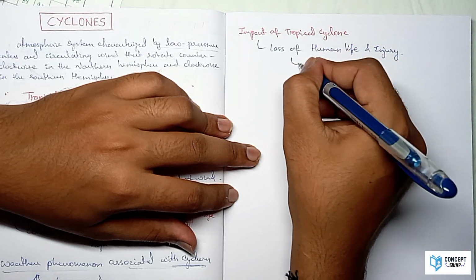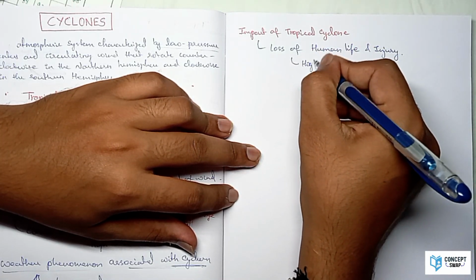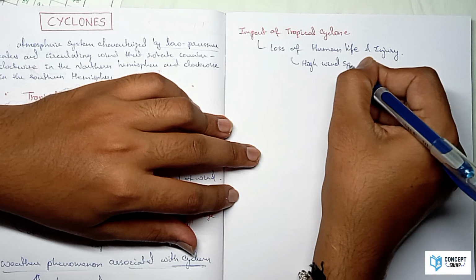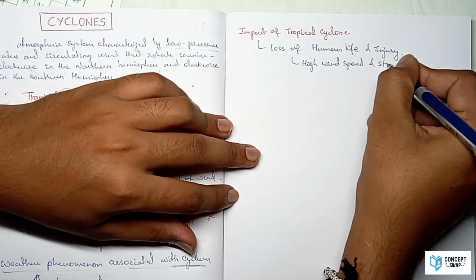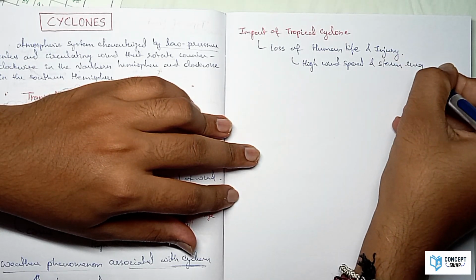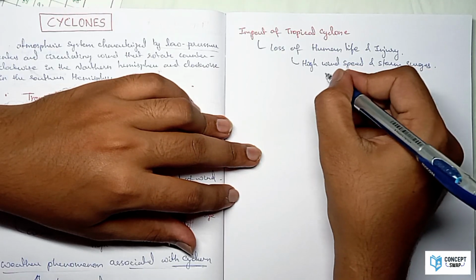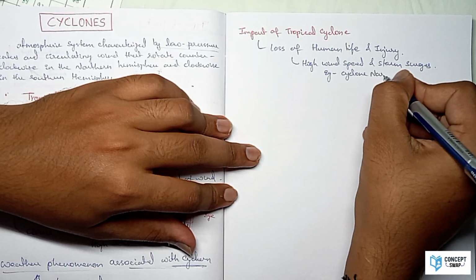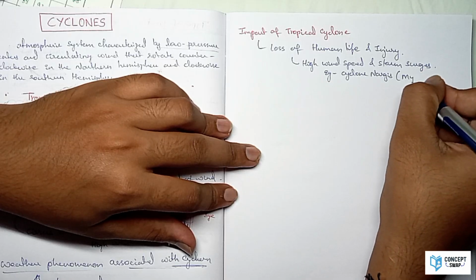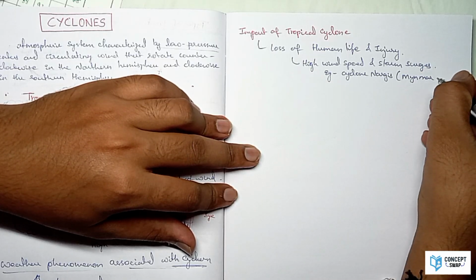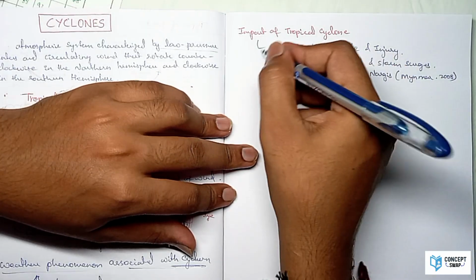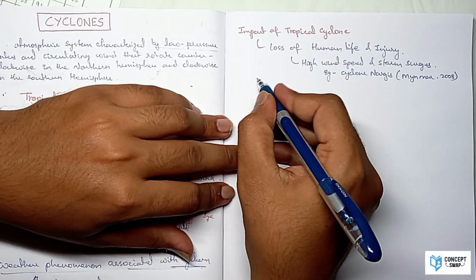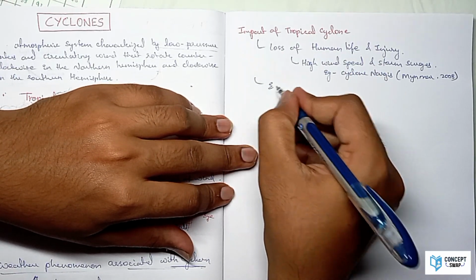Why is it caused? It is caused due to high wind speed and storm surge. What is an example? The main example is Cyclone Nargis, Myanmar. It happened in 2008.